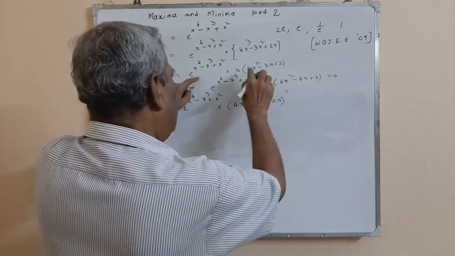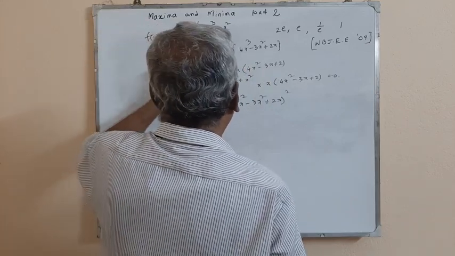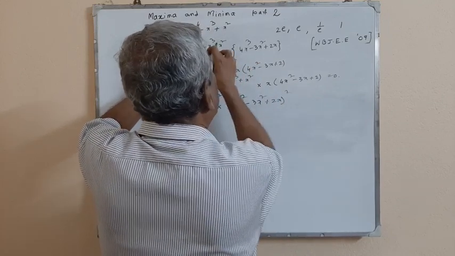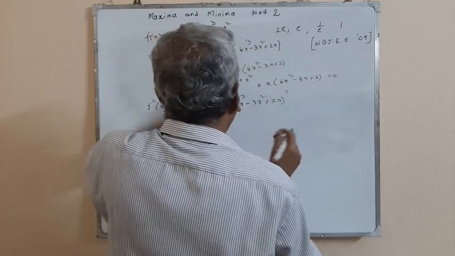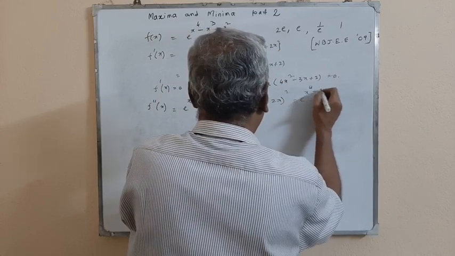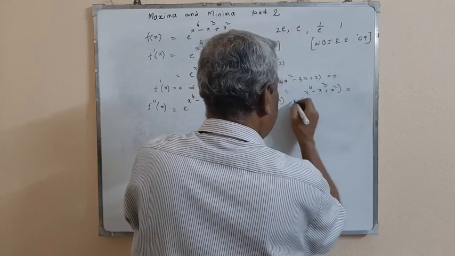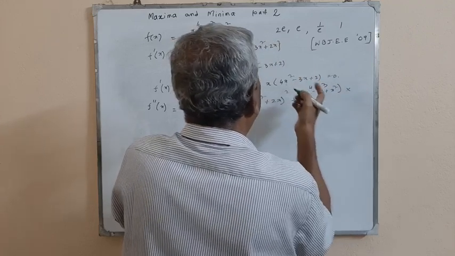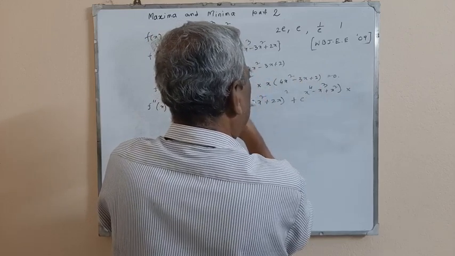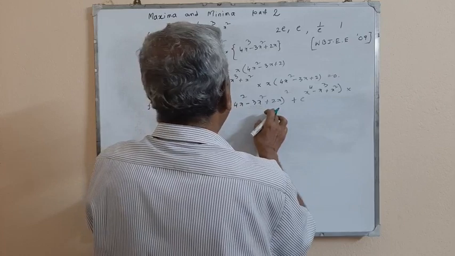Plus, I differentiate from here: its derivative is e to the power that into its derivative, plus e to the power x to the power 4 minus x cube plus x square into the derivative of that.